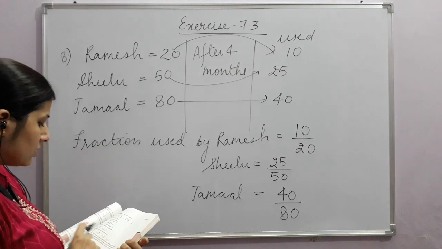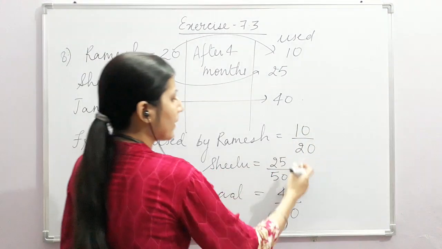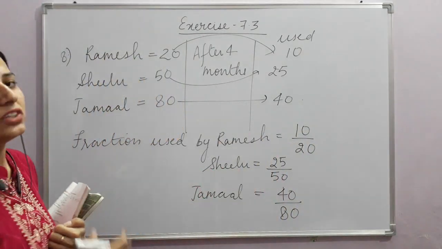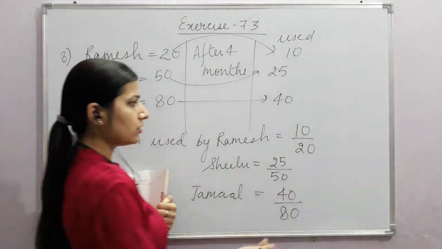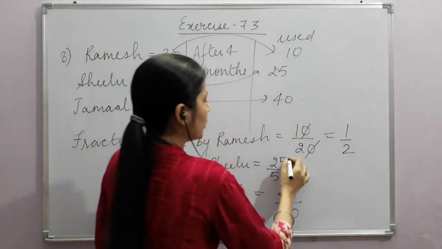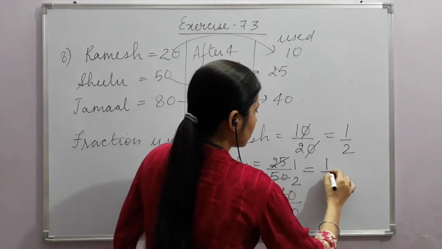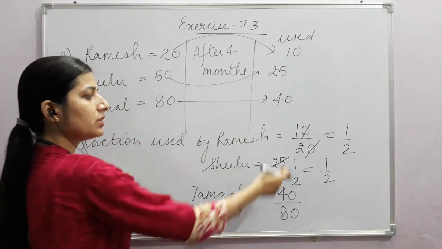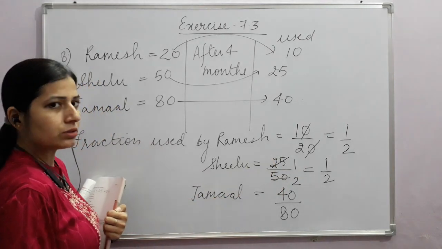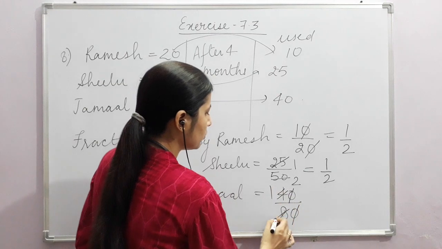They are asking one more thing. Check if each has used up an equal fraction of his or her pencils. We have to check whether all these fractions are equal or not. For checking this, what do we do? We reduce the fractions to simplest form. I cut this 0 with 0, I'll be getting 1 upon 2. 25 ones are 25, 25 twos are 50. So this is again 1 upon 2. If you want to reduce this with the table of 5, you can use 5 for reducing this. I'll cut this 0 with 0, 4 ones are 4, 4 twos are 8.